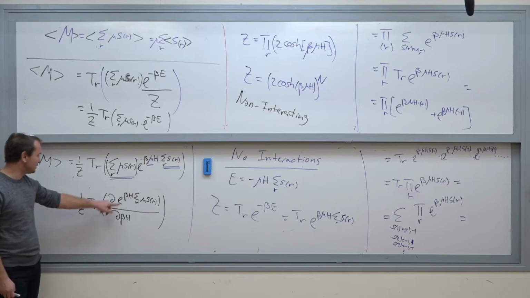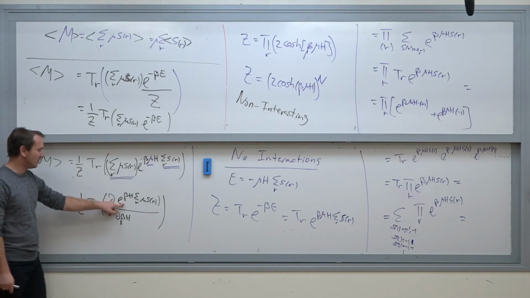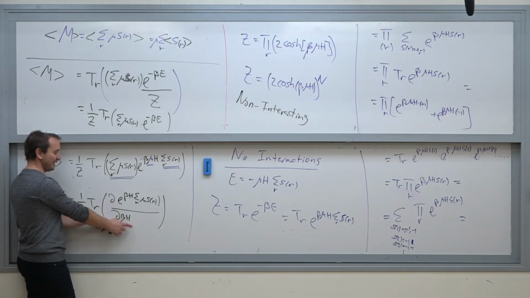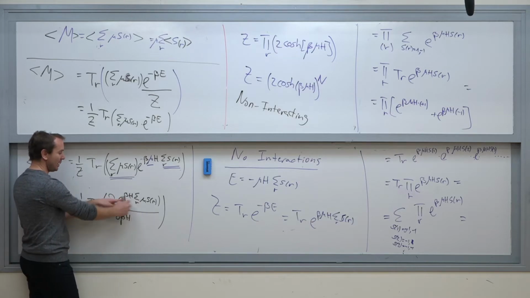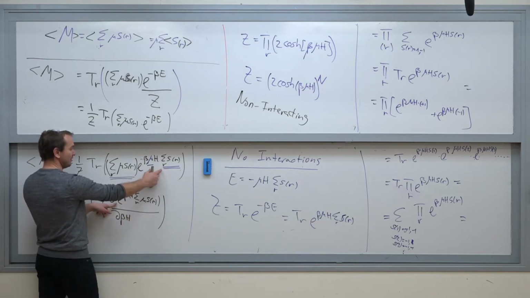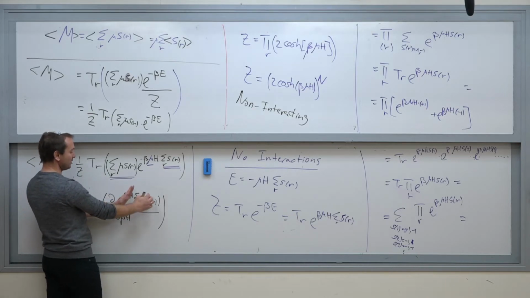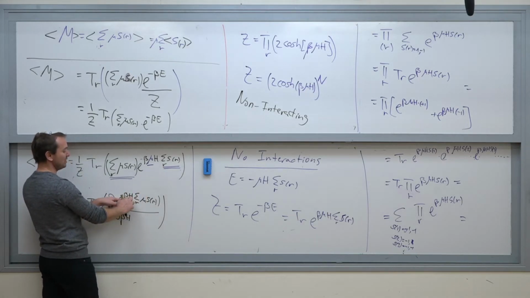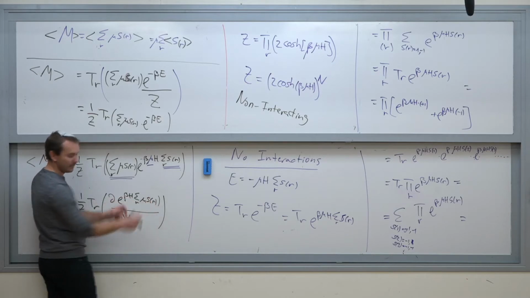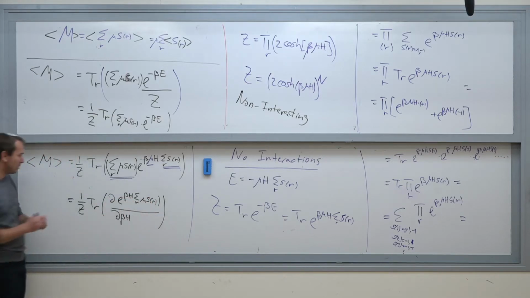Right? If I take the derivative of this term with respect to beta h, I will get the exponent of beta h sum over r of mu s_r, multiplied by whatever is multiplied by beta h. This is this big sum.